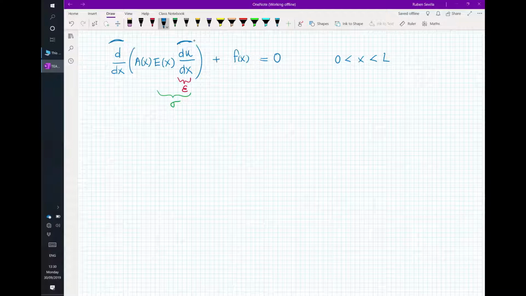It's information that we need at the ends of my one-dimensional bar. There are two different types of boundary conditions. We call Dirichlet when we refer to an imposed displacement. So here, for this example, I am assuming that I know the displacement at the left end of my bar, at 0.